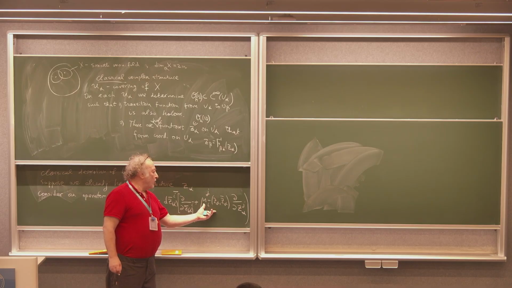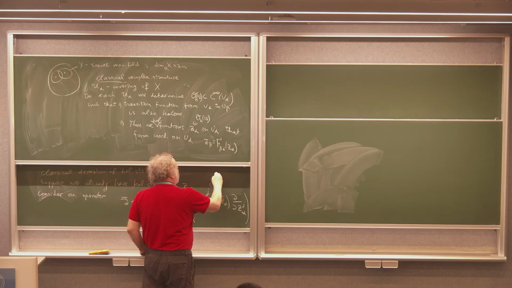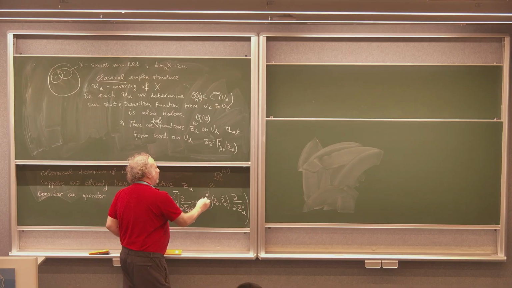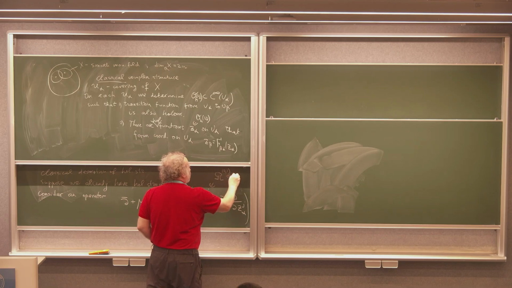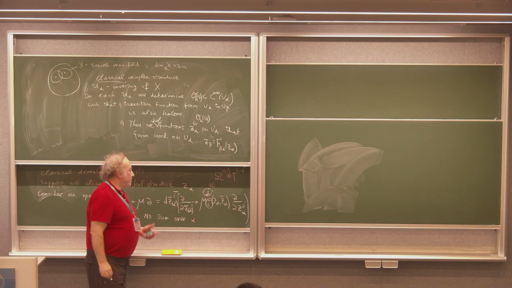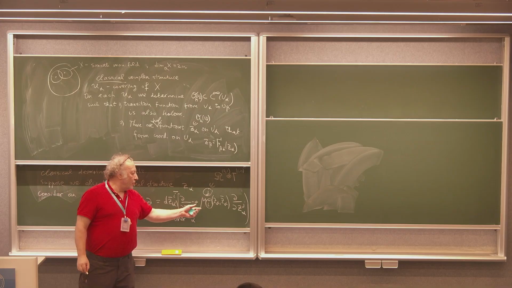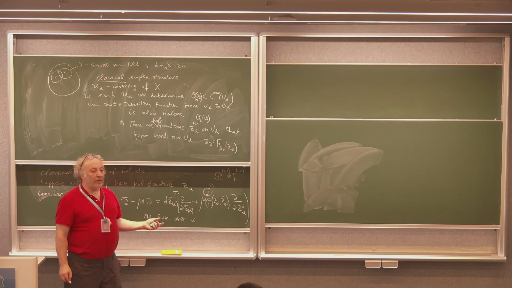So what is the meaning of this mu? Mu belongs to 0, 1 forms because of this object with values in T1, 0 because of this. And if we use such mu, then d bar z is not holomorphic anymore.